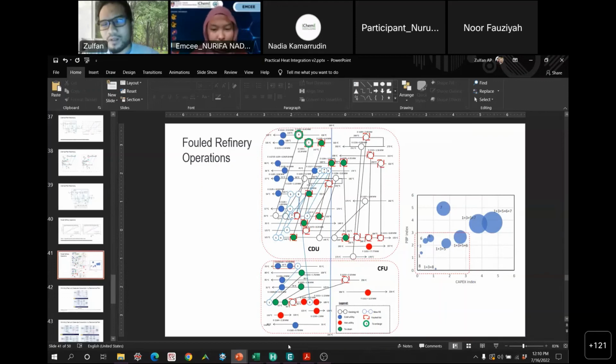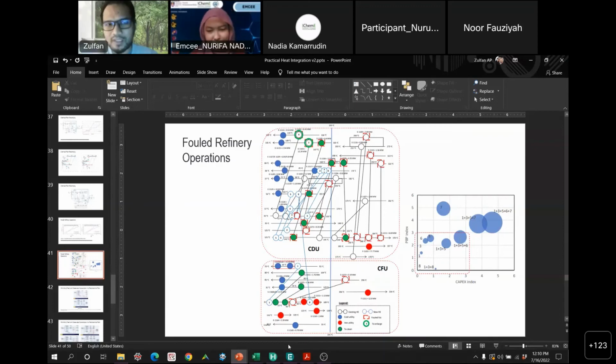Once we know what the DT is, we design the exchanger, and then we can have a cost estimate, either from the costing department or from the Aspen cost estimation. Then you can use that figure to get the investment.